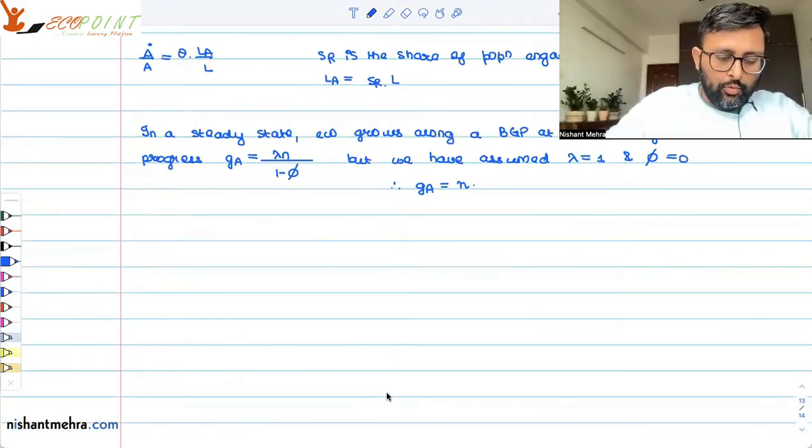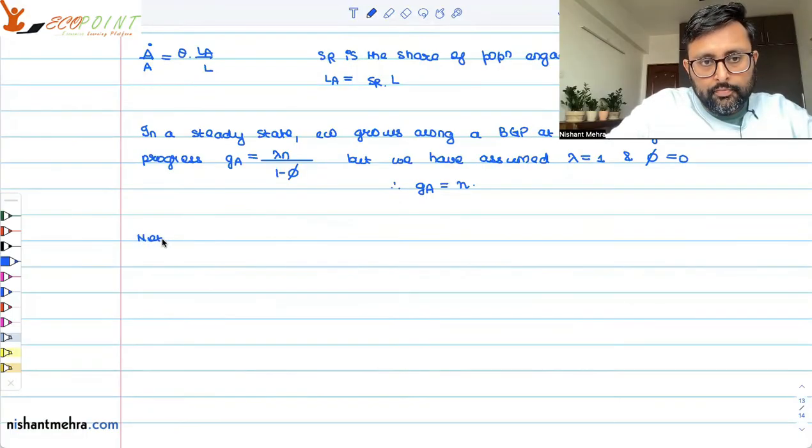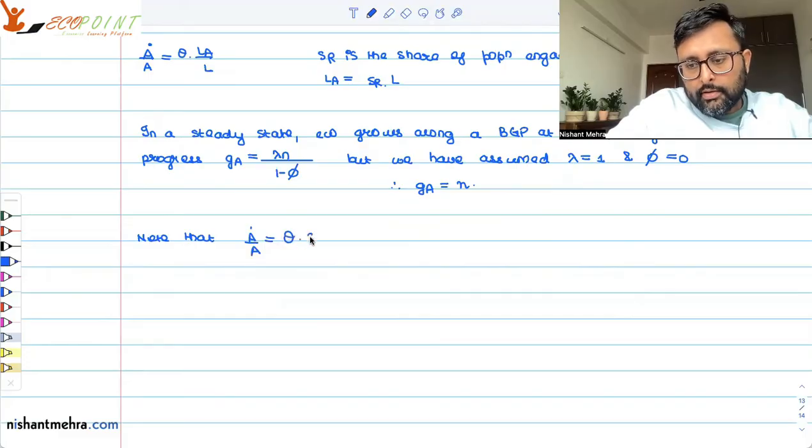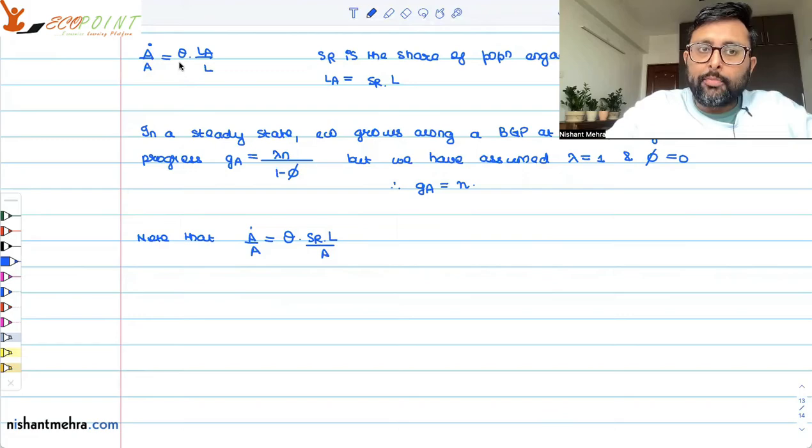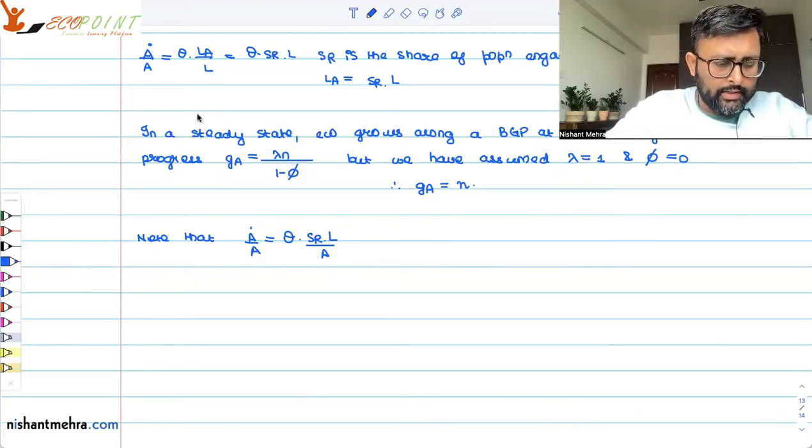We also note that A dot by A is equal to theta SR L upon A, because when you write A dot by A equals theta LA by L, LA by L is SR L upon A. I'm so sorry about it.